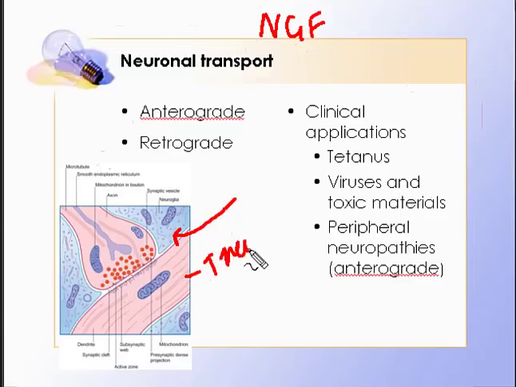By endocytic vesicular uptake, you can see these little endocytic vesicles, they are taken back in the opposite direction towards the cell body, and what they are really taking up are what are known as marker molecules.